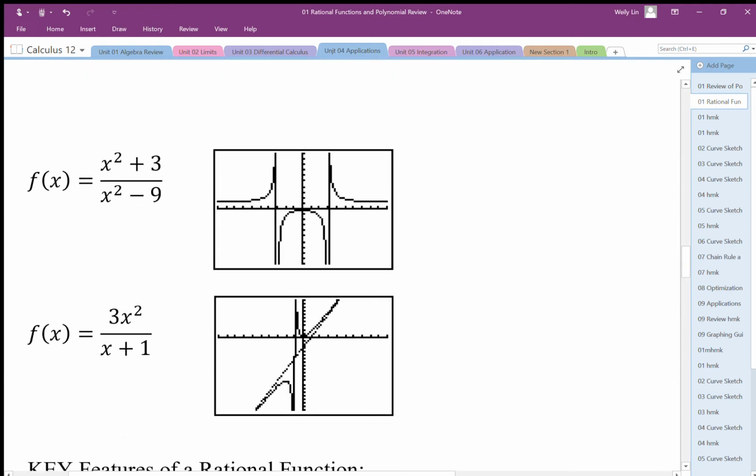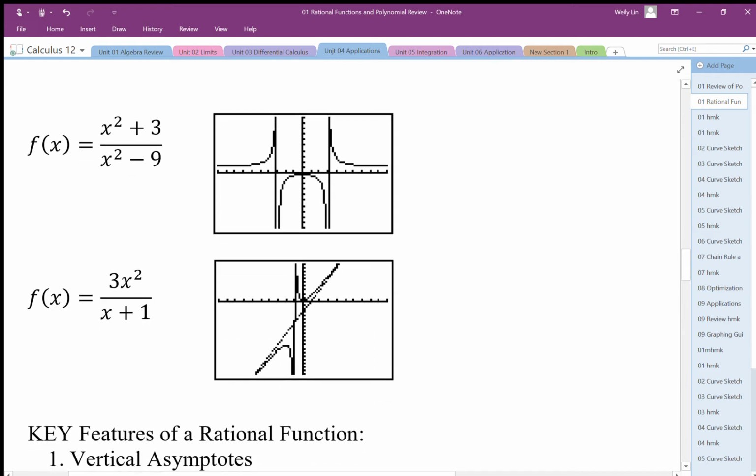So here are some more typical ones where the denominator is equal to 0. When we look at a function like this, we're looking for where the denominator is equal to 0. If we were to factor this, the numerator is not factorable.